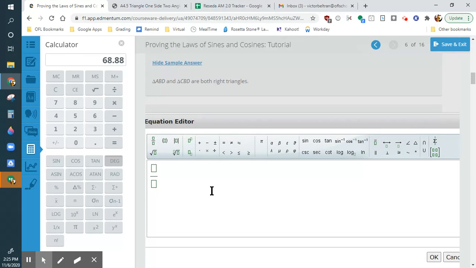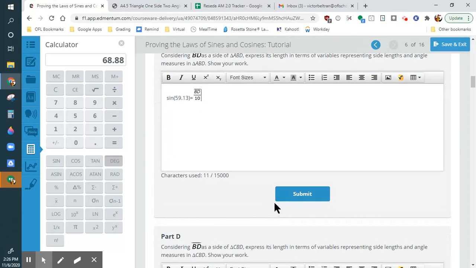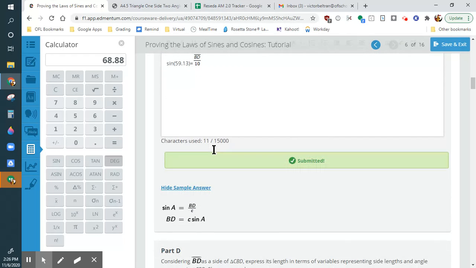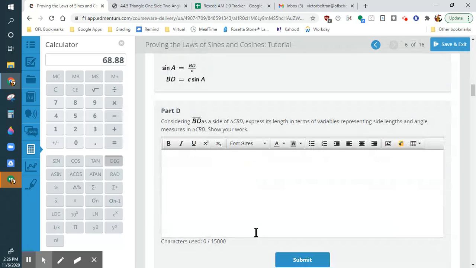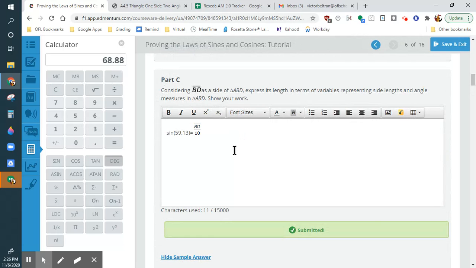Opposite, which is line segment BD, and this is all over 10. So this is how I can represent this. I'm assuming that's what they're asking for. Let's see what they're, yep, so they're doing it with variables.